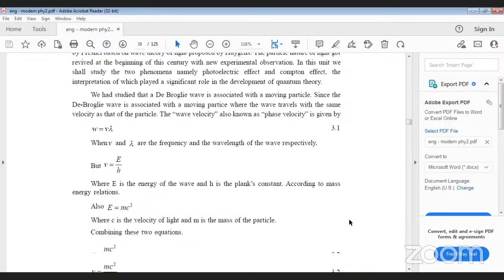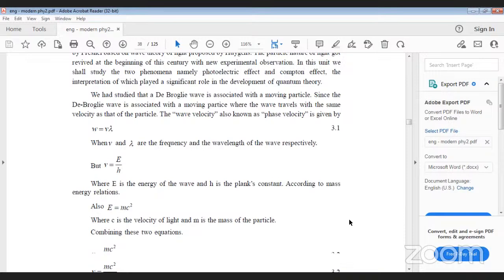The de Broglie wave is associated with a moving particle. A moving particle means a particle which has momentum. Momentum means you have to assume that the particle has mass as well as velocity. P equals mv. The wave travels with the same velocity as that of the particle.